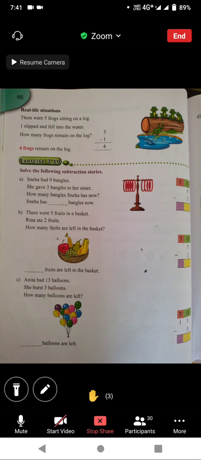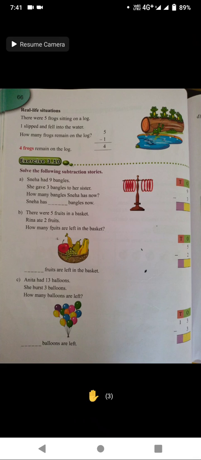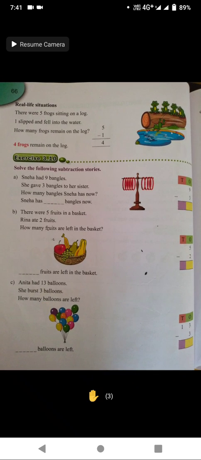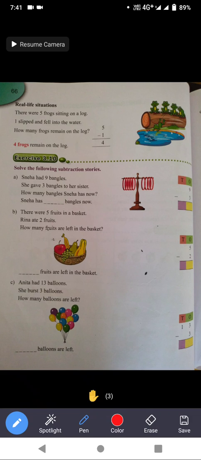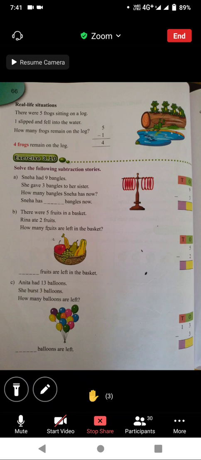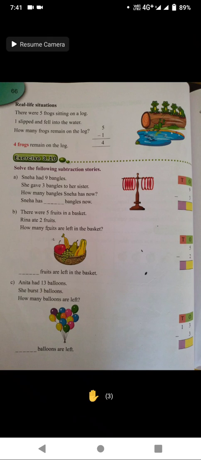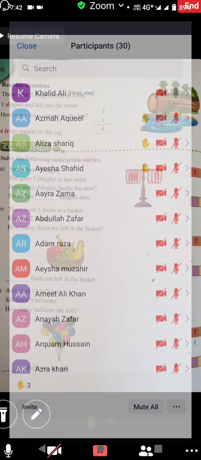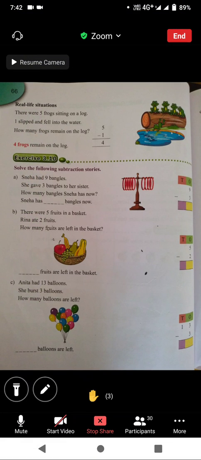So everyone open this page number 66. In exercise 3.10 also you have to solve word problems. Okay, word problems are given here. So first of all, yes, everyone opened the book. Yes, students.